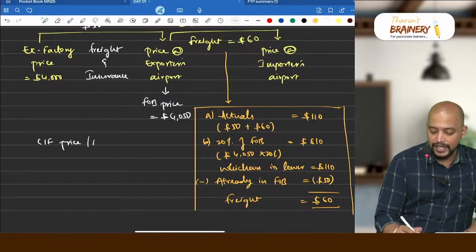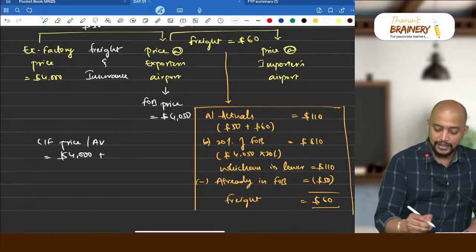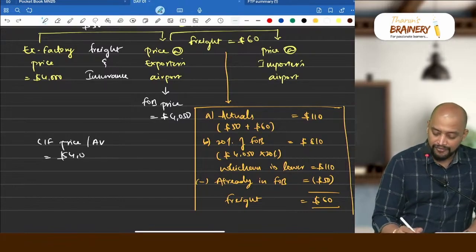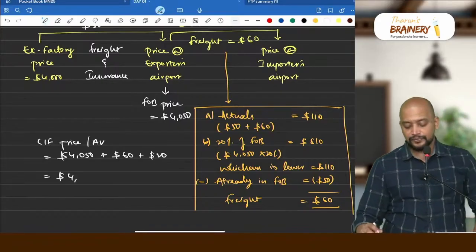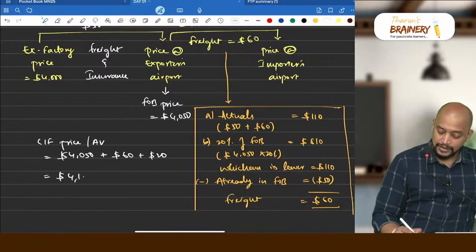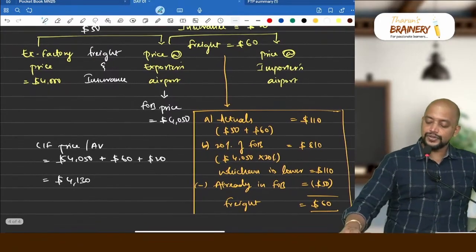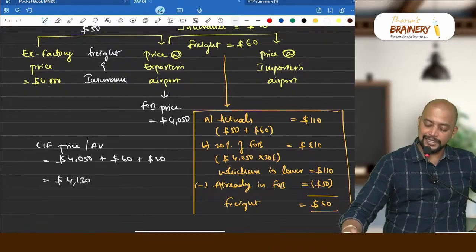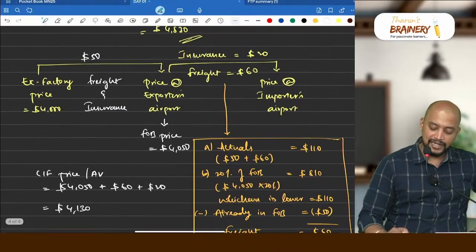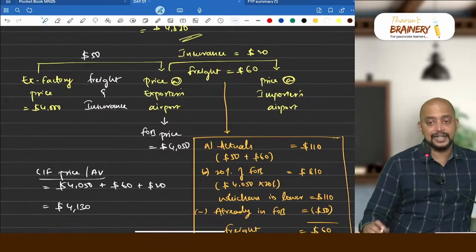CIF price or assessable value is simple: 4050 plus freight 60, and insurance 20. So 60, 70, 80, 130. 4130, that is 4050 plus 60 plus 20, 4130 will be taken as the CIF price or assessable value.